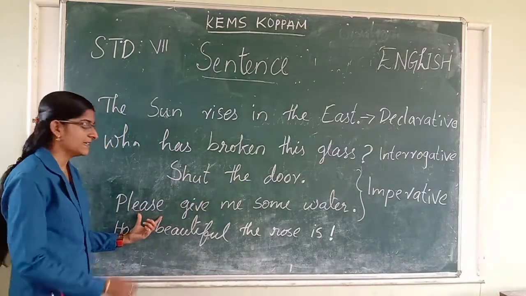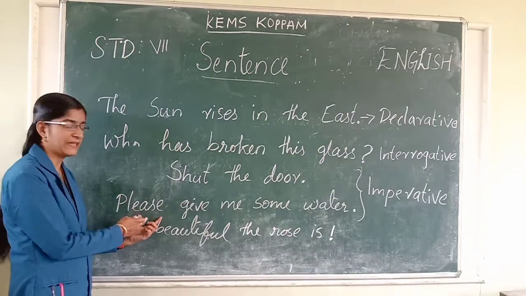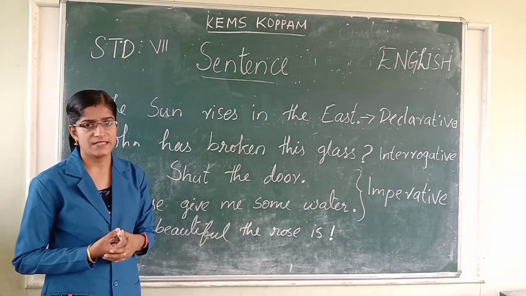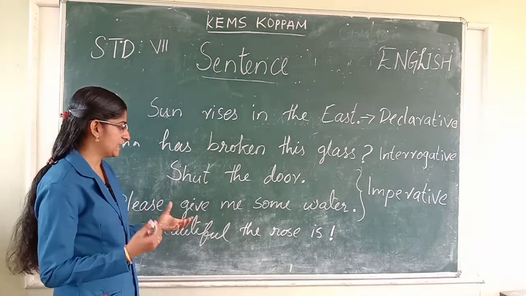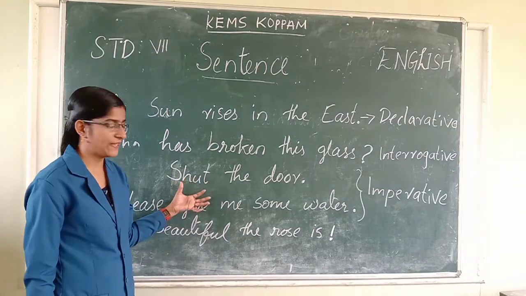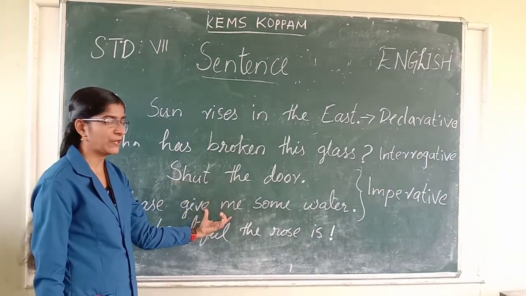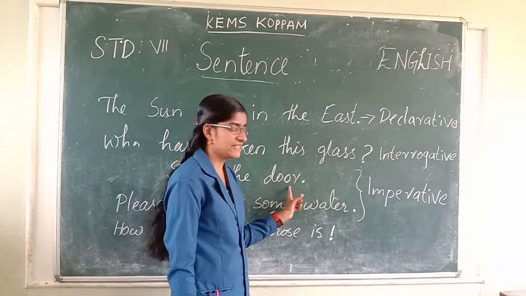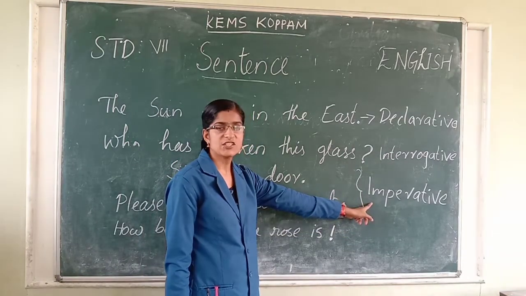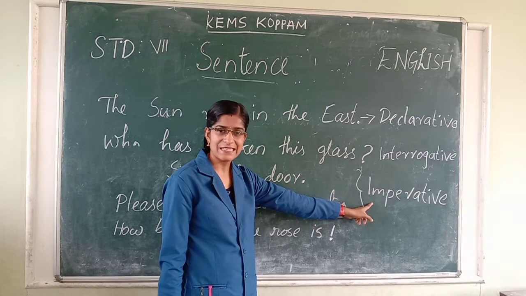For request, there will be a requesting word, like please give me some water. Will you please give me your pencil? Like that for request. For commands and requests, such sentences end with a full stop, and such sentences are called imperative sentences.